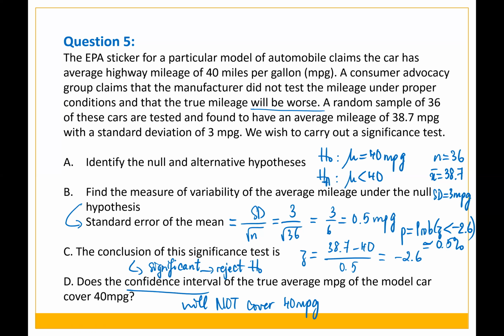And because we just concluded that our actual average is smaller than 40, the confidence interval will not cover 40. It's going to be less than 40. And so our answer is that it will not cover 40 mpg.